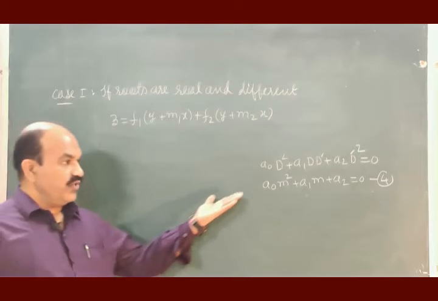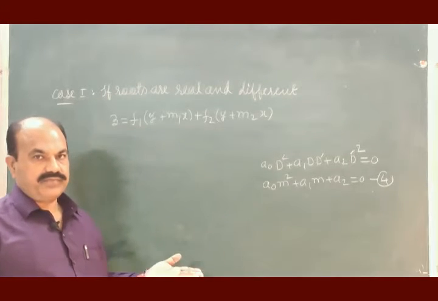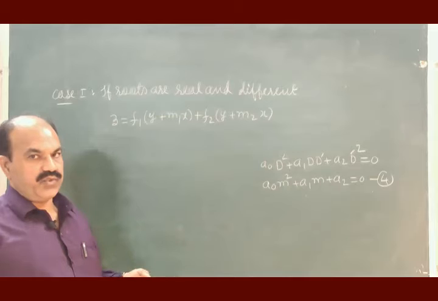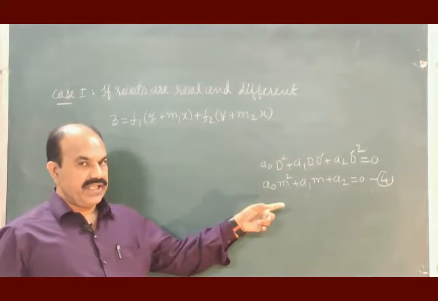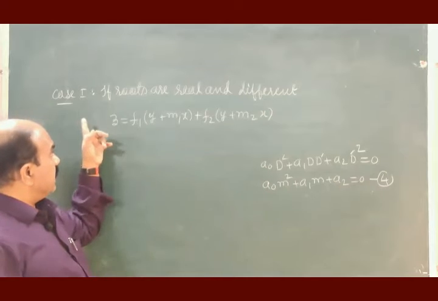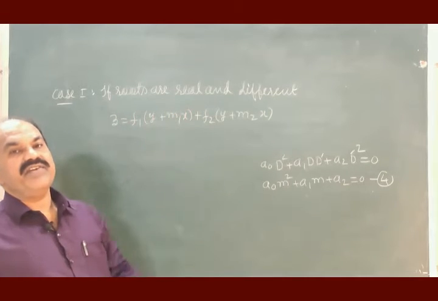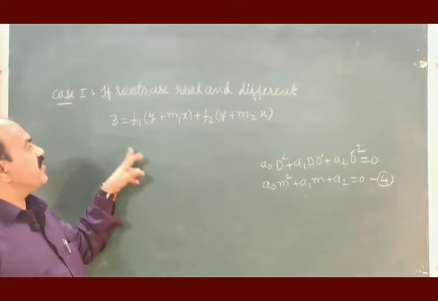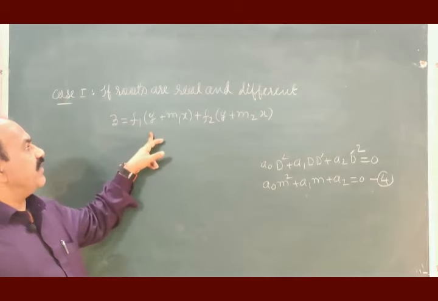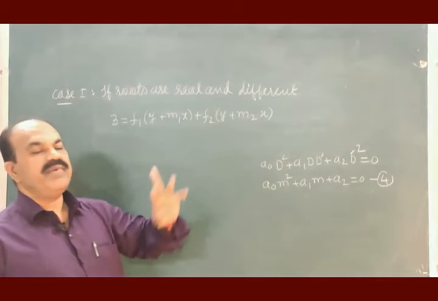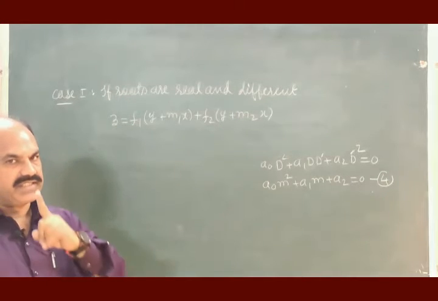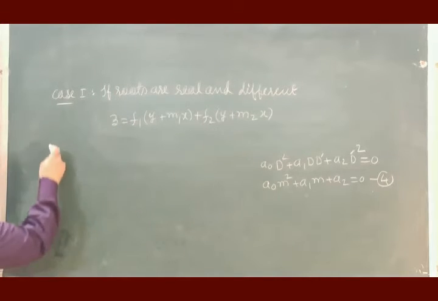Whenever we write the solution for this auxiliary equation, if the roots are real and different, the complementary function z will be f1 of y plus m1x plus f2 of y plus m2x. That is case number 1.